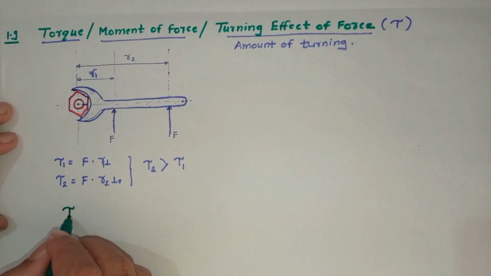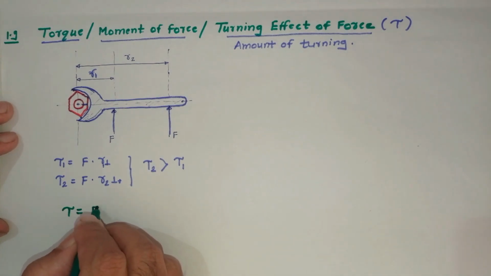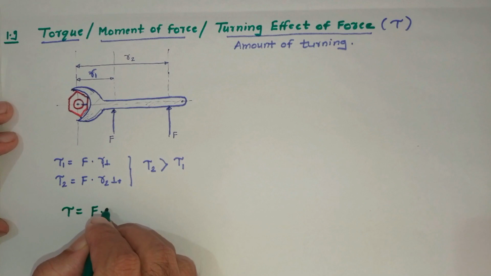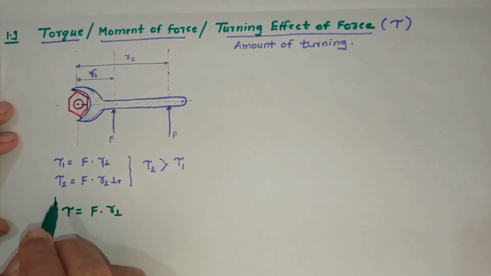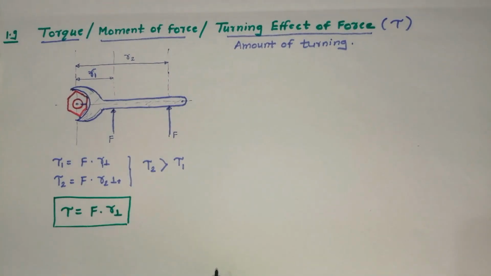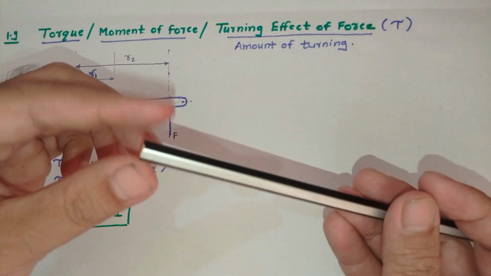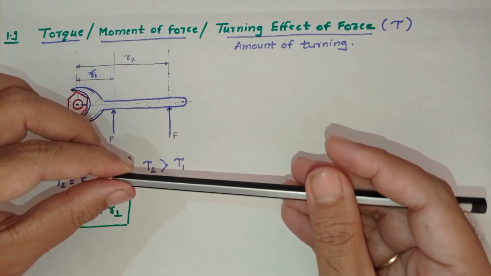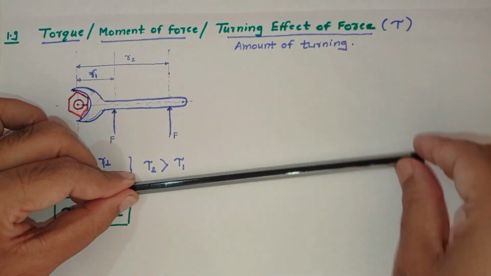Torque is given by the force into the perpendicular distance, R perpendicular. Suppose this is a rod. This end is pivoted, fixed, and this rod can rotate about this fixed end.